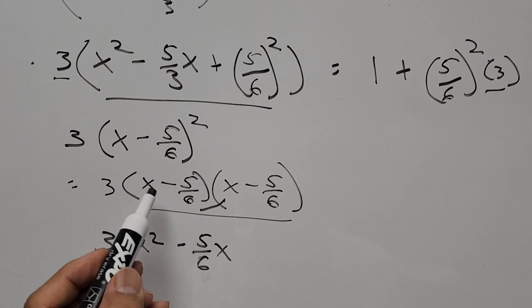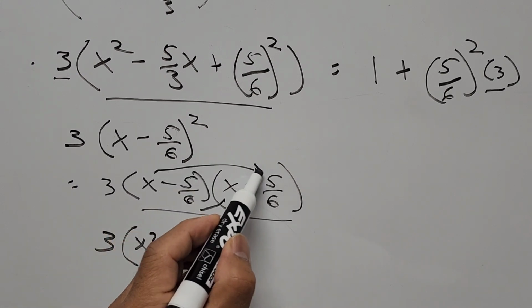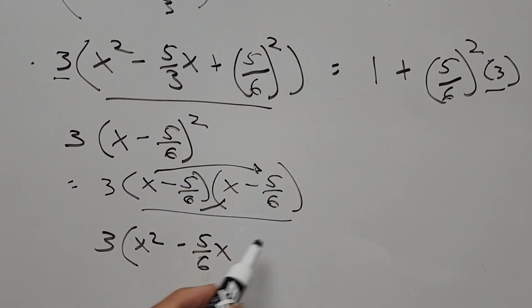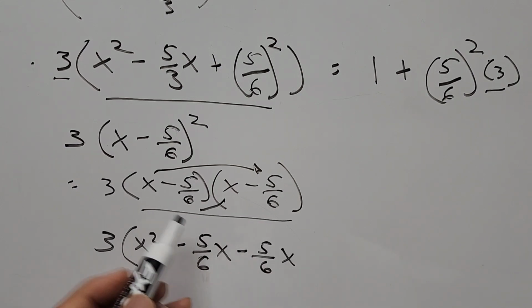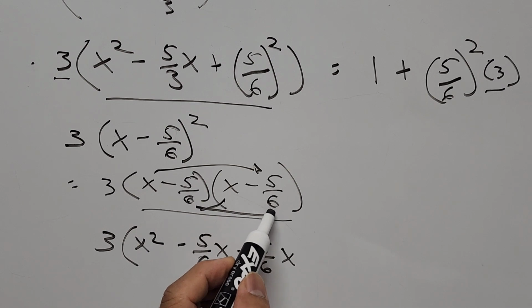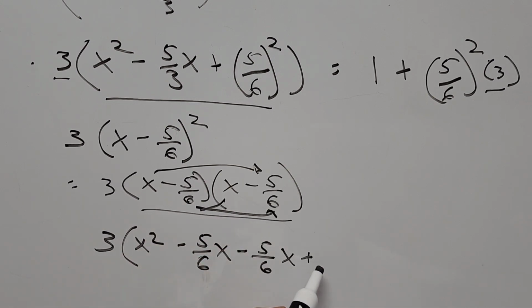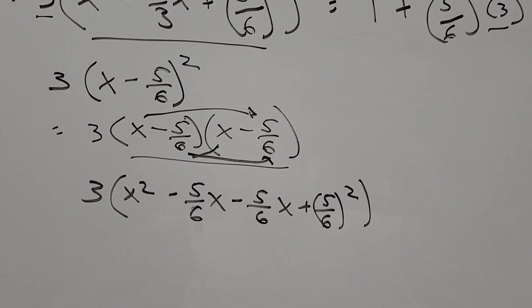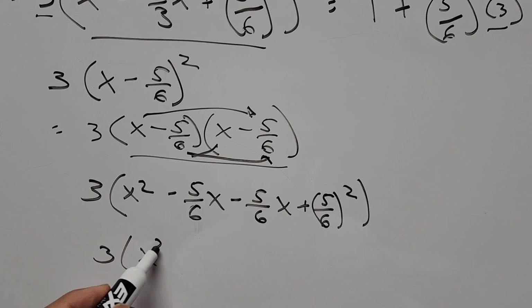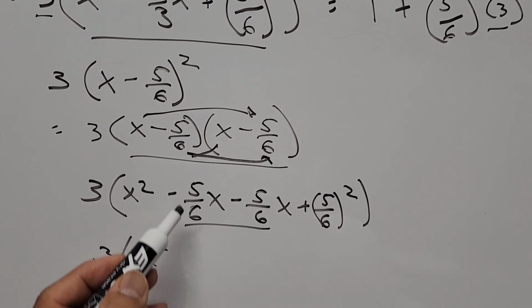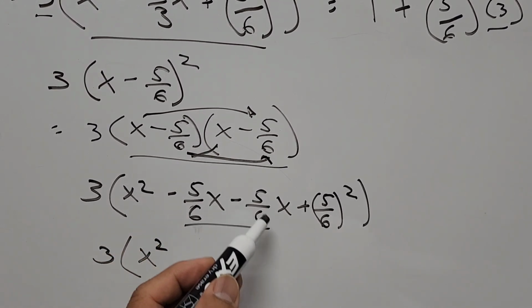And then x times 5/6, that's negative, so 5/6 x. And then multiply the last terms on both factors, both negative, that will become positive. So that can be written as (5/6) squared. Simplify this further: we have 3 times x squared, and we have 5/6 x, then the same way it's repeated.